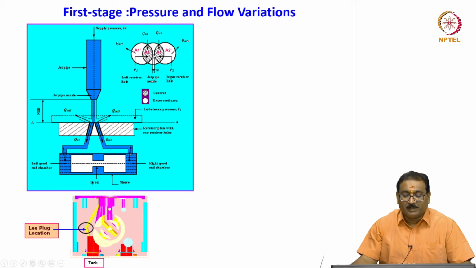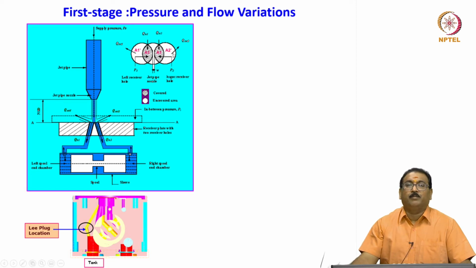The distance between the receiver holes is W, the web thickness. And please note, the nozzle and receiver holes are all on the same line to get the maximum pressure recovery. Then after pushing the spool, all flow will come here, meaning how you will divert it to the tank.